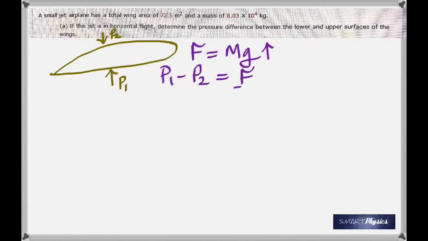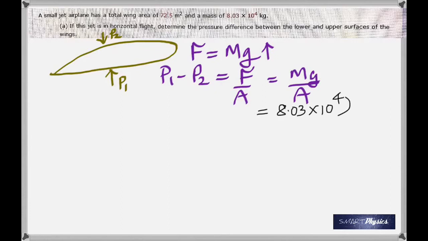Now, pressure difference is equal to F by A, because pressure is force by area, and that should be equal to mg by A. And did you get that? Because force is mg and pressure difference is mg by A. So that's the mass times 9.8 divided by the area of the wings, 72.5, and that gives us the pressure difference.